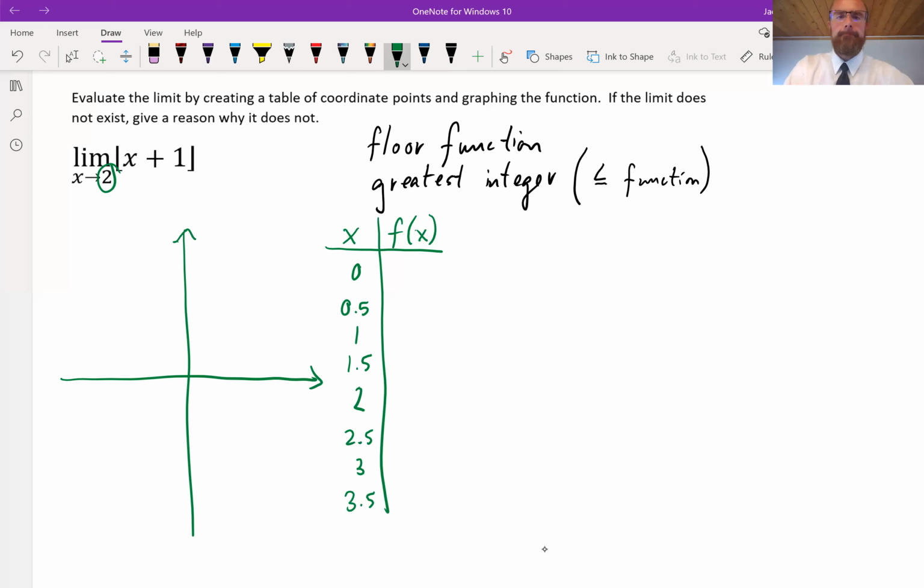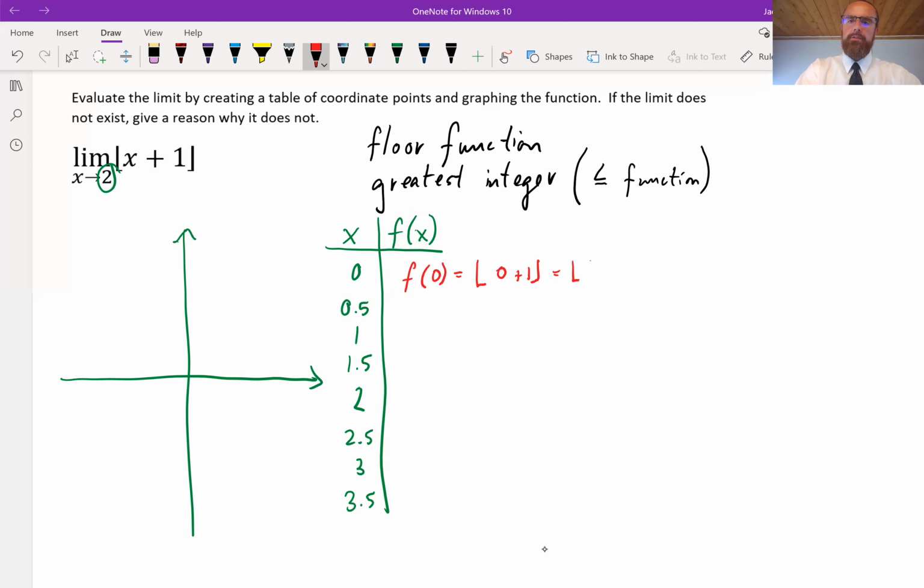So this one, let's practice evaluating this by hand. So I want to evaluate f at 0. And I'm going to pick up that greatest integer or floor function. And I'm substituting 0 for x, so 0 plus 1. So at this point, we're going to use this idea of it's the greatest integer less than the function.